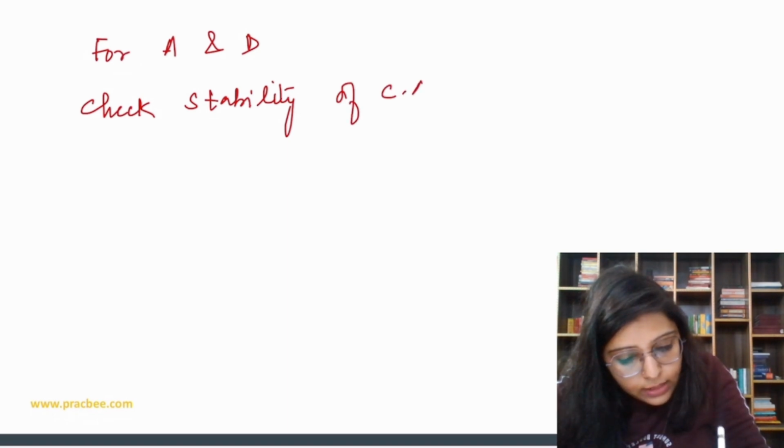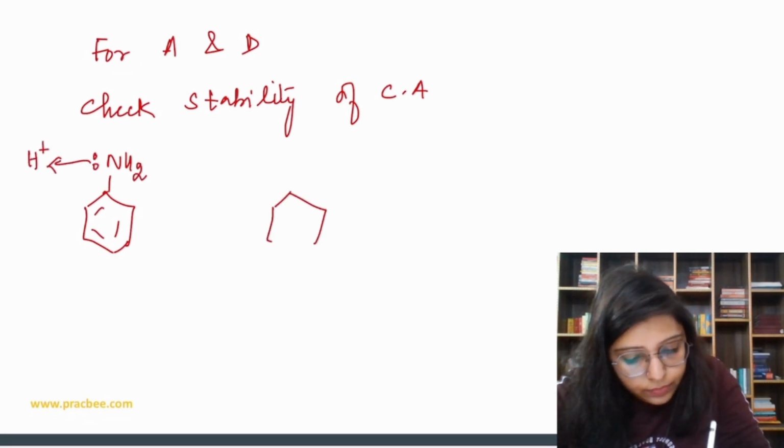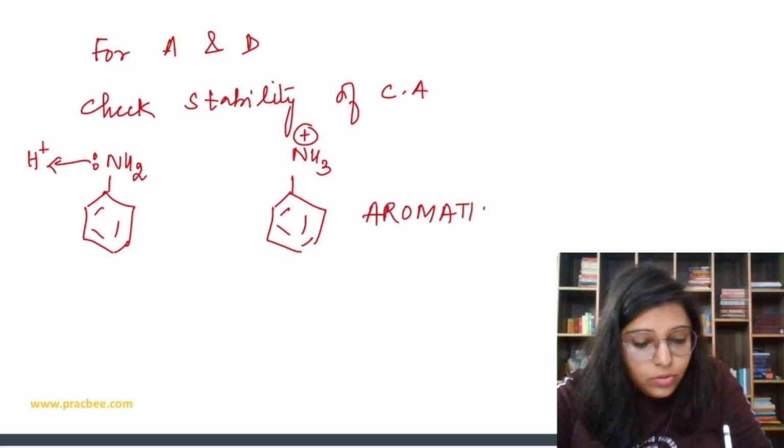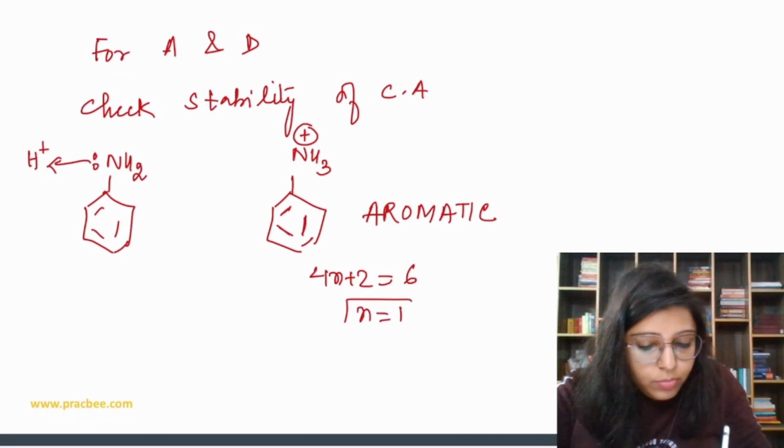of the conjugate acid. So this is aniline, NH2. When it forms a bond with H plus, we get NH3 positive. So this is aromatic only, right? This is aromatic. Huckel's rule, if you follow Huckel's rule, this is 4n plus 2 equal to 2, 4, 6, right? 6, and the n value comes out to be 1.